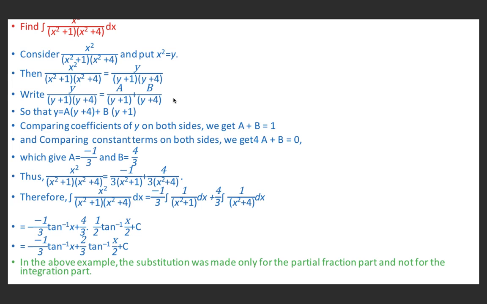Remember one thing, this substitution is made for the partial fraction part only, not for the integration part. If we substitute it for integration, then we would have to differentiate to change the dx also. But this substitution is for the partial fraction only.